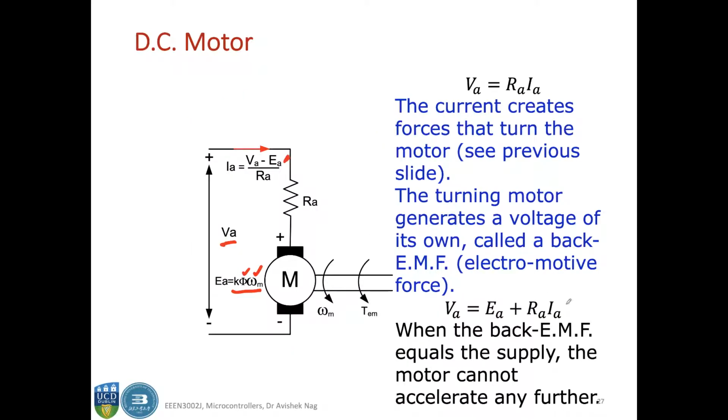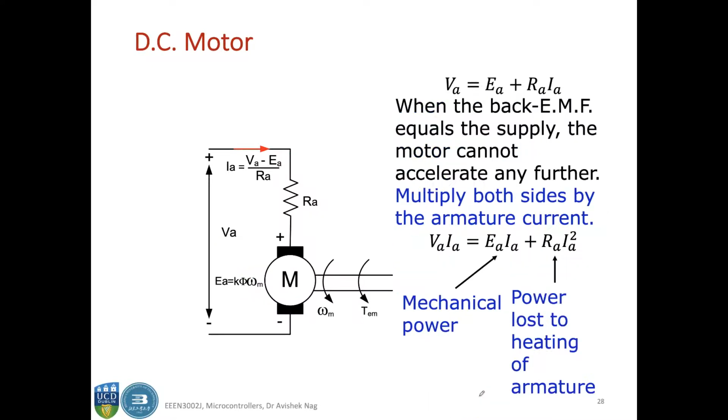So basically if you write it in the circuit theory equation form, then this supply voltage is equal to the back EMF plus the voltage drop within this resistor. So when the back EMF now equals the supply, the motor cannot accelerate any further.